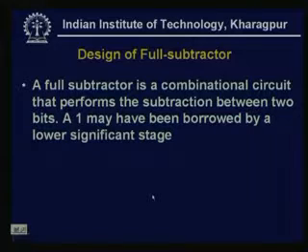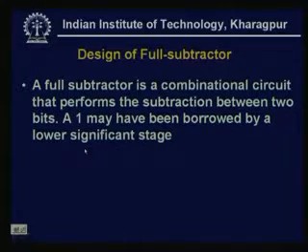Now, design of a full subtractor. Just like the addition operation or the full adder circuit, we can define a full subtractor as a combinational circuit that performs the subtraction between two bits, where a 1 may have been borrowed by a lower significant stage.